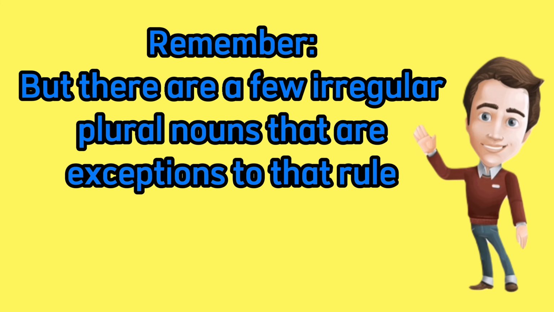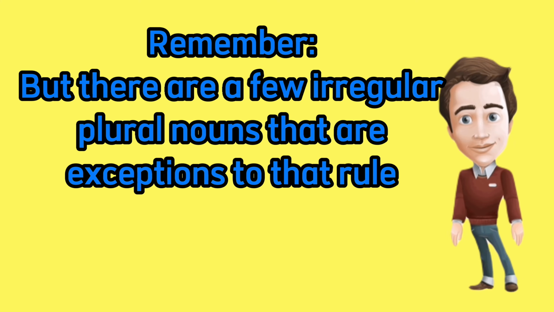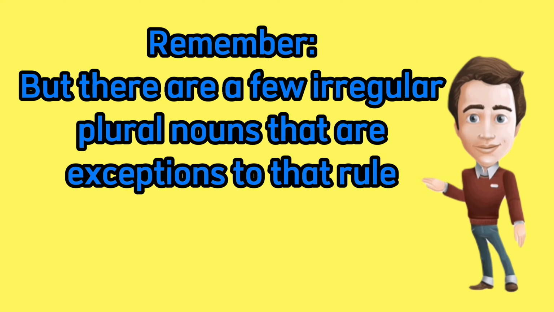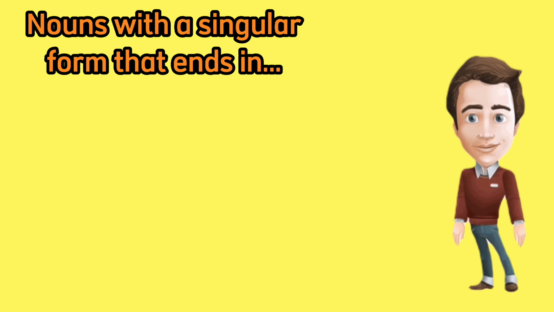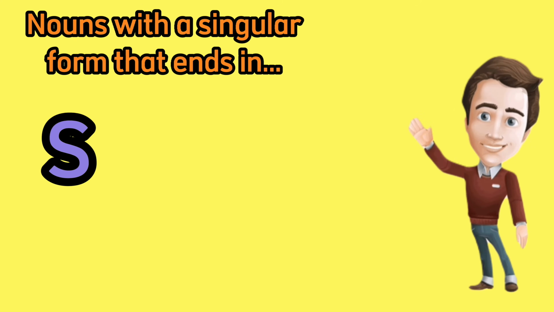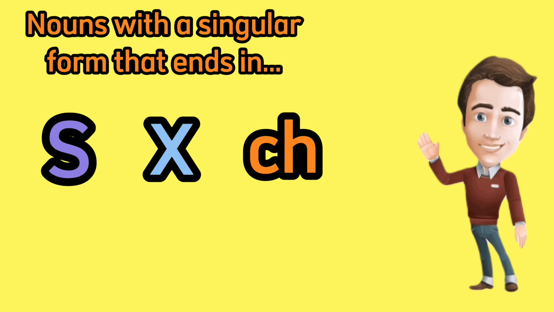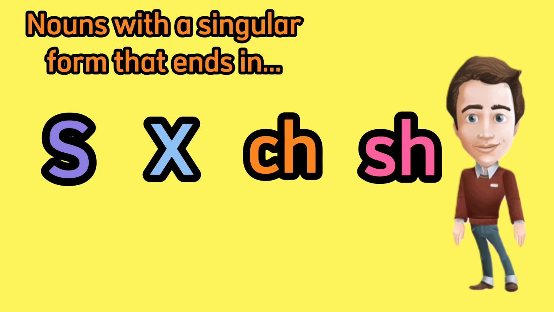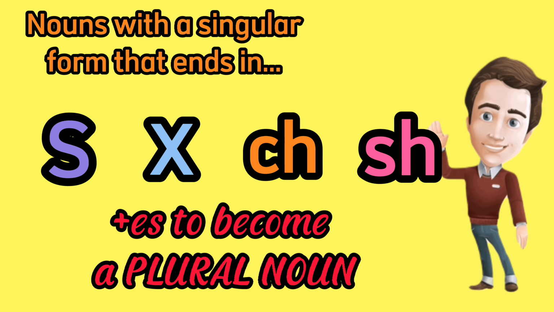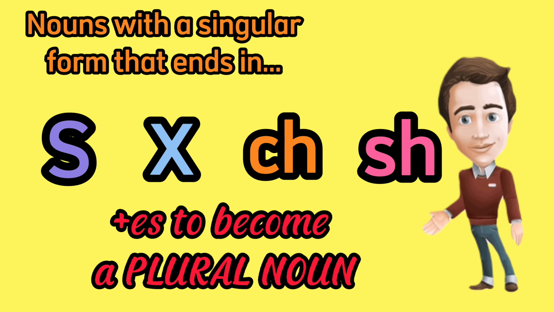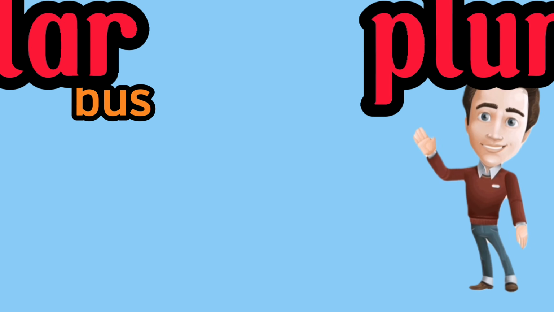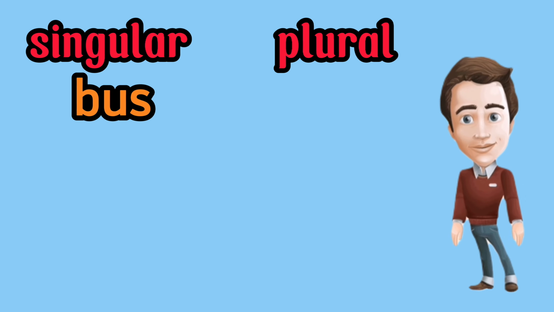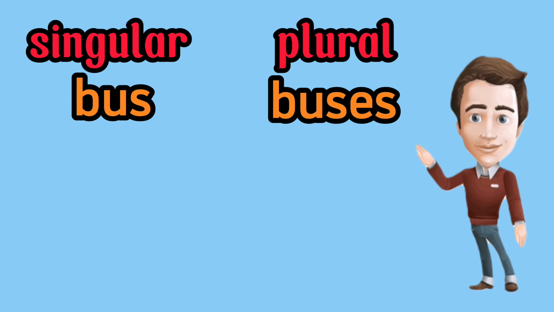Remember, there are a few irregular plural nouns that are exceptions to that rule. Nouns with a singular form that ends in s, x, ch, or sh need to add es to become a plural noun. For example, bus, buses.